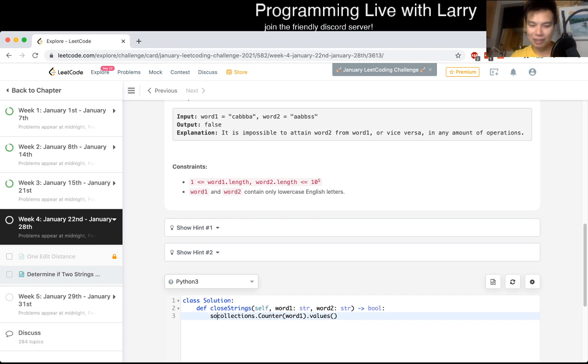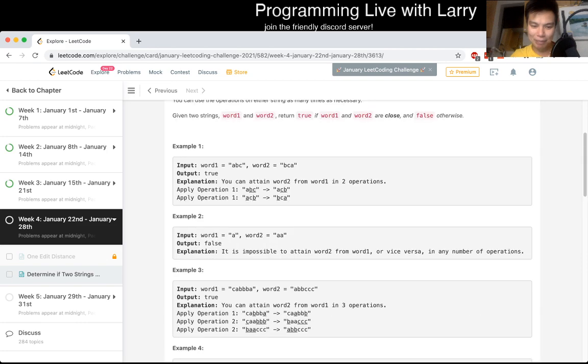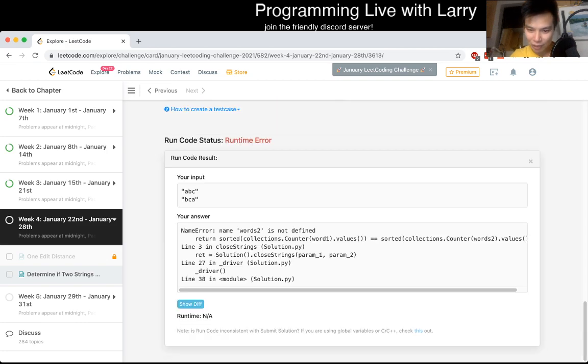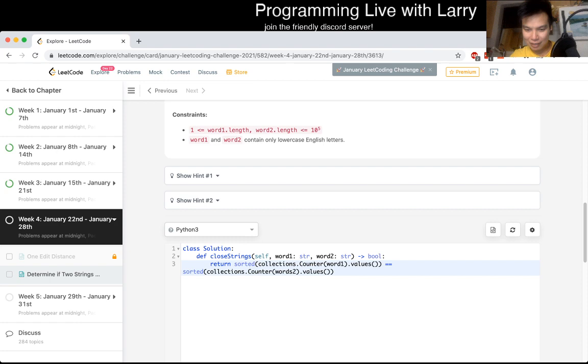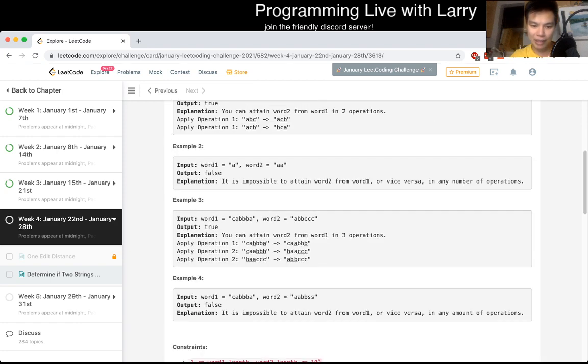So you can probably do something like return this is equal to the sorted collections.Counter of word two dot values. Don't worry, I will explain this and also go over it in a little bit. But this is what I would do in a contest or something like that.